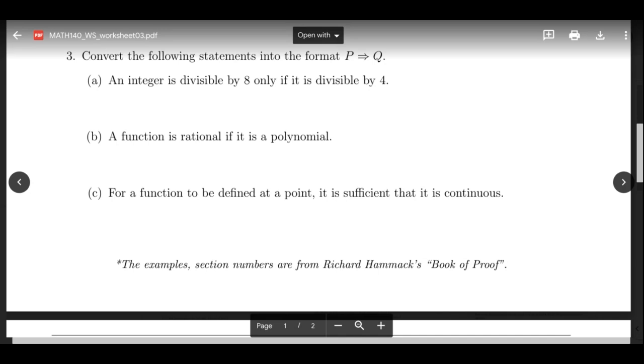Okay. All right, Maria, do you like to try C? For a function to be defined at a point, it is sufficient that it's continuous. How do we transform this into P implies Q, if P then Q form? So which part is P? Which part is Q?